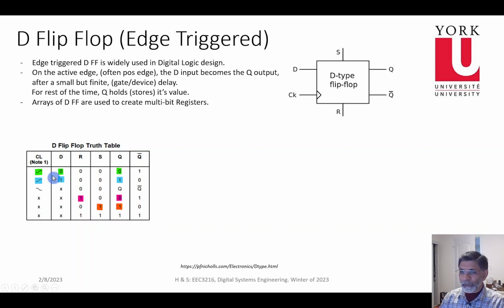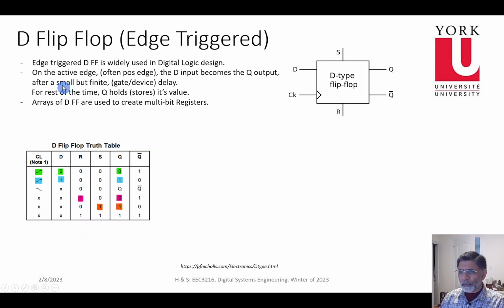So this is the truth table. The active edge is the rising edge. You can see when the rising edge happens and D is 0, Q becomes 0 after a small delay, which I mentioned before.